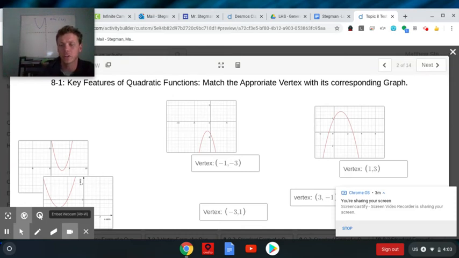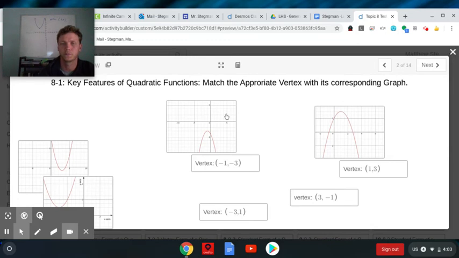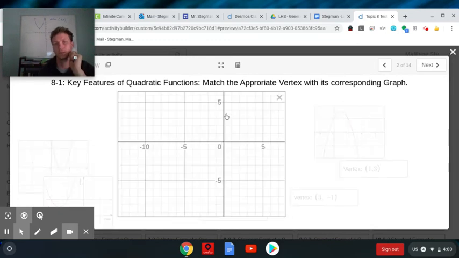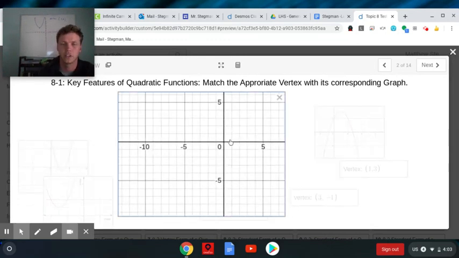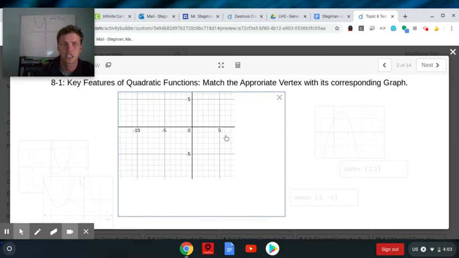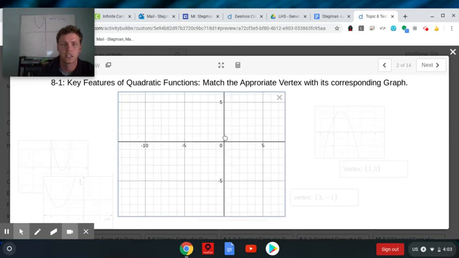If you click on the graphs, you can actually zoom in on it. It'll give you a bigger view. Here on this one, I can see that my vertex is at -1, -3.